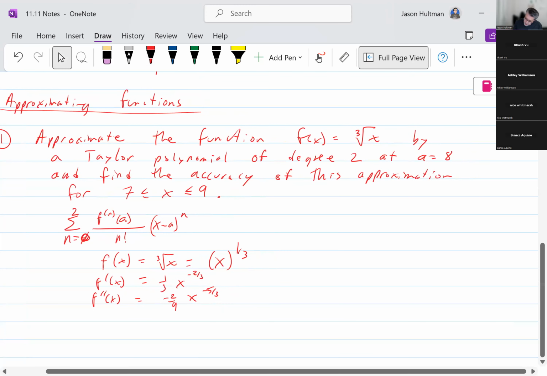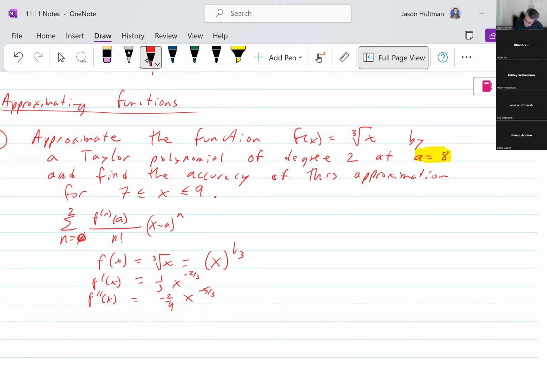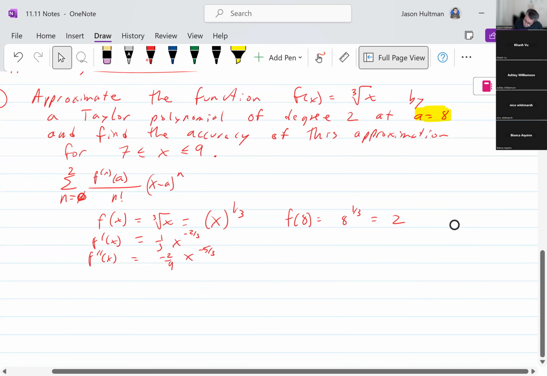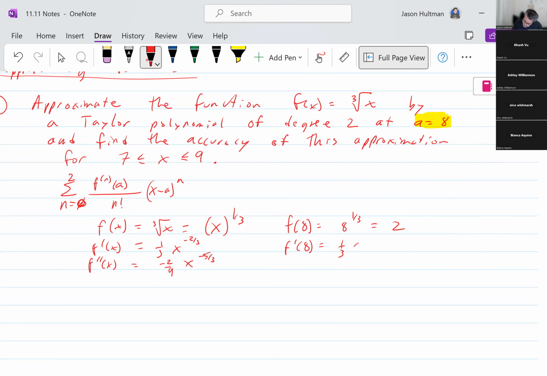Okay, and now what we want to do is plug in our a equals 8. I evaluate this at 8. So f of 8 is going to be 8 to the 1/3 power, which is just 2. f prime of 8 is going to be 1/3 times 8 to the negative 2/3 power.